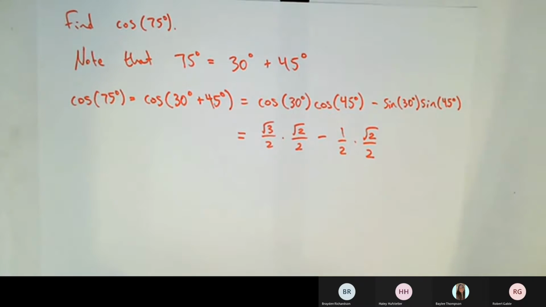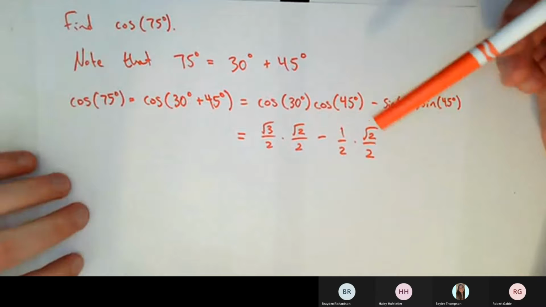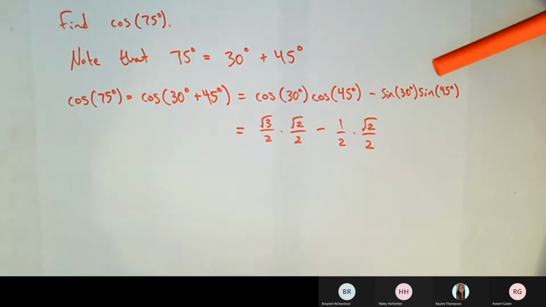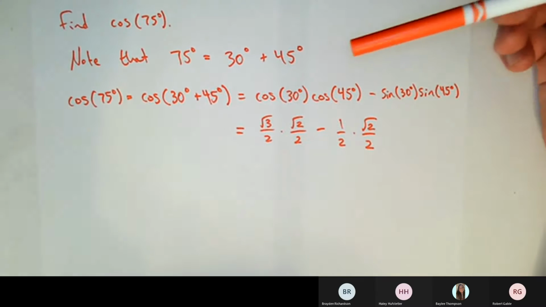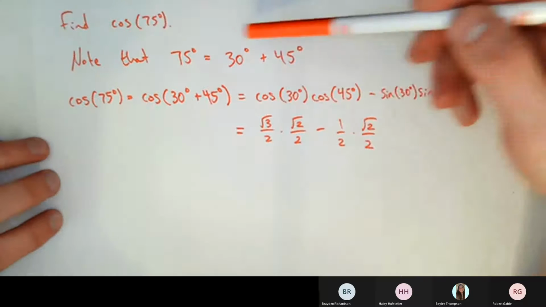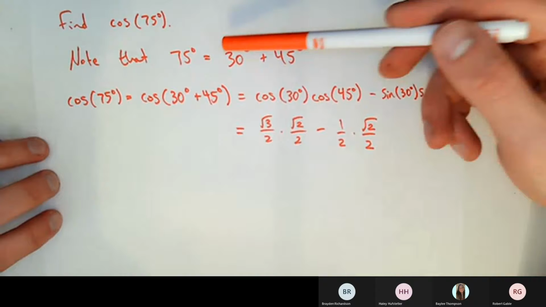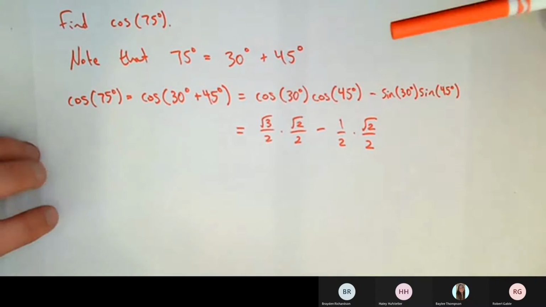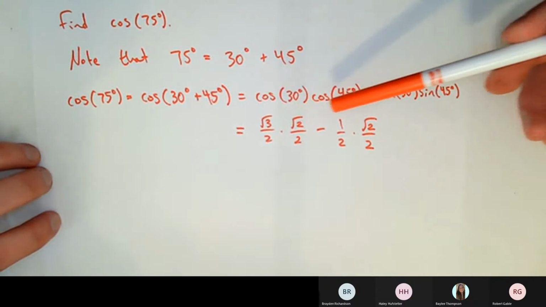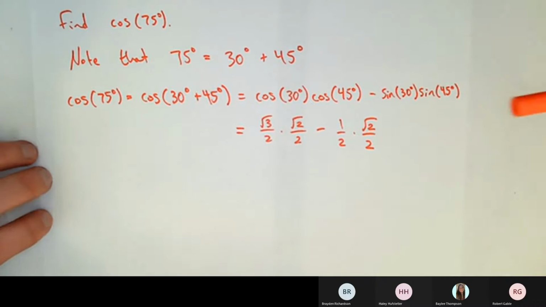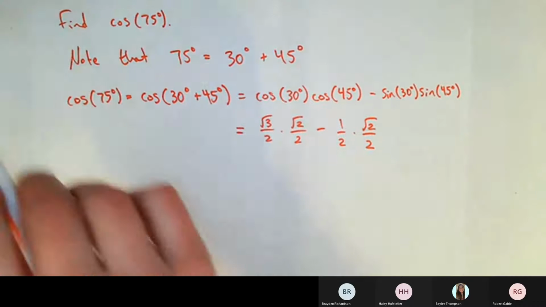Okay, all right, so let me back up a little bit here. I've noted that 75 degrees can be written as the sum of these two angles. Why did I pick these? Because these are special angles that I know how to evaluate inside of a sine and cosine function. And how did I evaluate each of these?